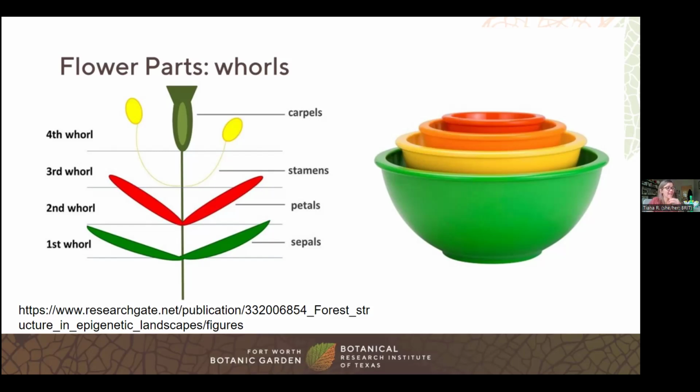And then inside that, you've got the gynoecium, the innermost whorl, the very center of your bullseye if you're looking straight down at the flower. So those are our four whorls: the sepals, the petals, the stamens, and then the carpel, or the female part. And we'll talk more specifically about some of those in a second.